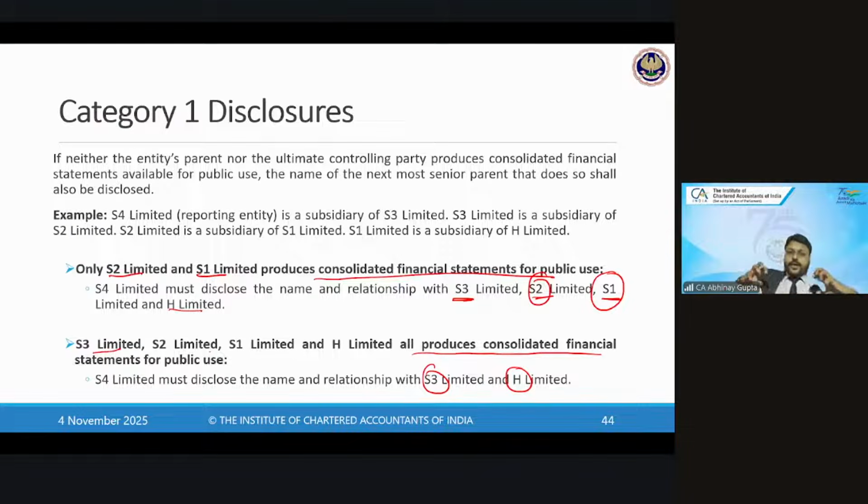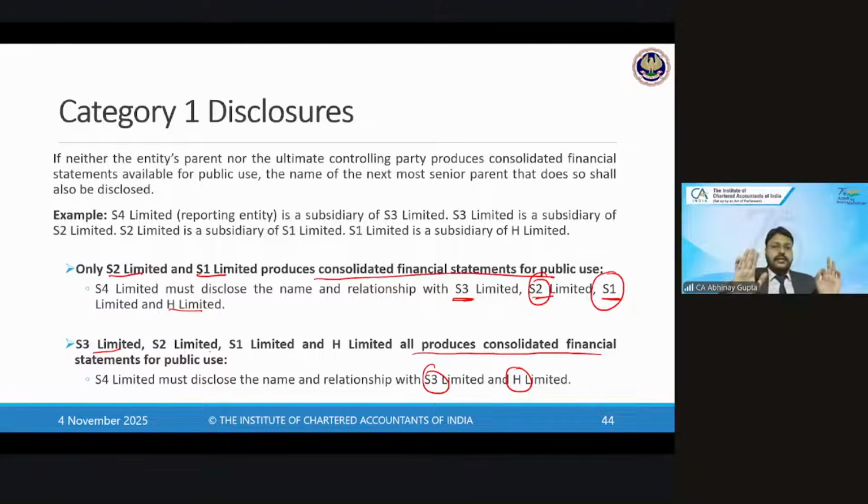Correct. Ind AS 110 gives one relaxation to skip preparation of consolidated financial statements if 2 conditions are satisfied. Condition number 1: my parent, or any upward ladder parent, or the ultimate holding company, is preparing the CFS. Number 2: I have taken approval from all my minority shareholders that I am not going to prepare consolidated financial statements.